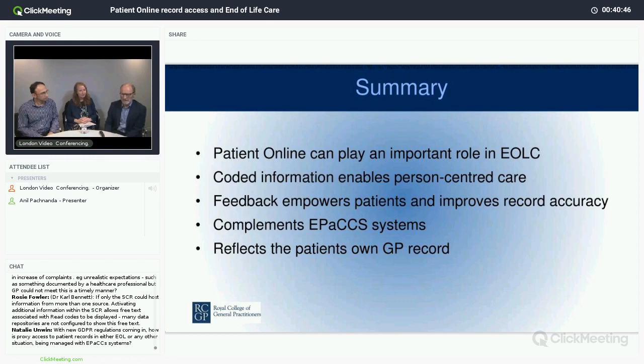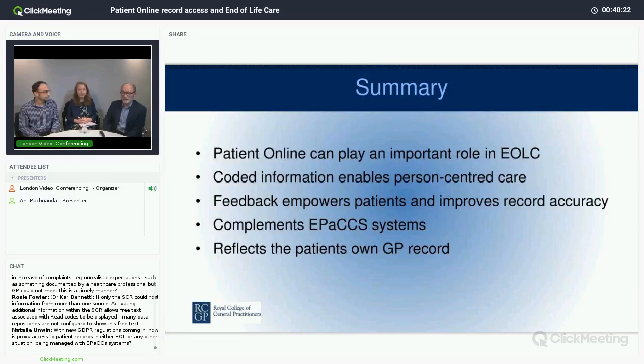I know NHS Digital, who control the contract around GP systems, has had a lot of requests for Patient Online, not least from myself, to be able to be configured so that there's a cardiac view, a diabetic view, an end-of-life care view. It seems straightforward, doesn't it? But then we also know how long it takes to get even the GP system we use every day upgraded. But this is definitely something that we need but don't have.